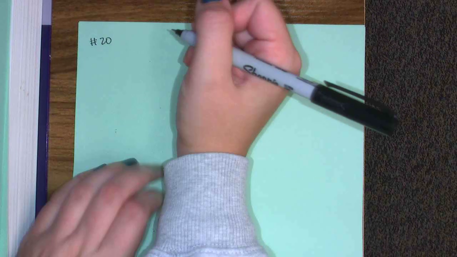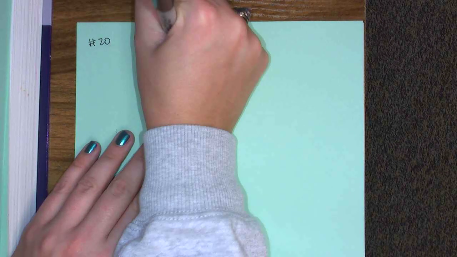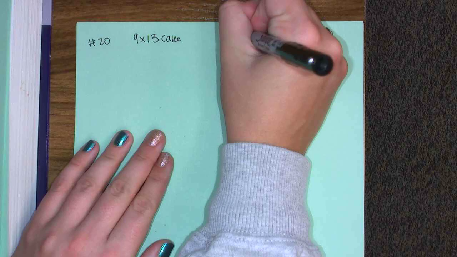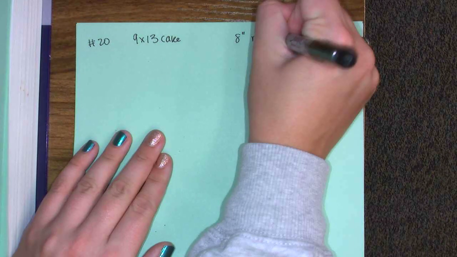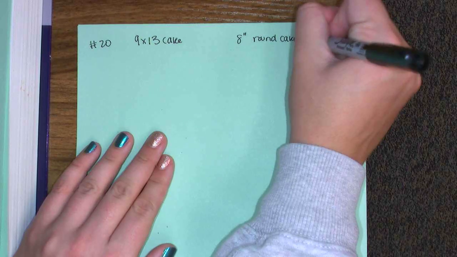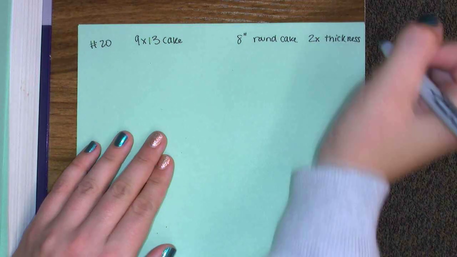So we have a 9 by 13 cake, and then we have an 8-inch round cake that is 2 times the thickness. So we want to see what is the best option for the money.